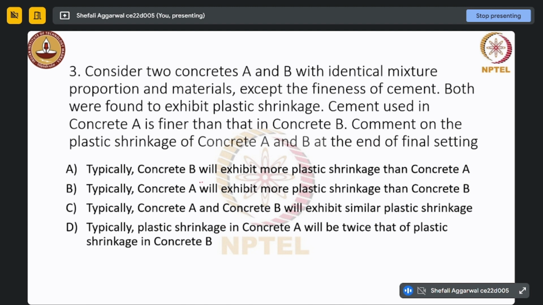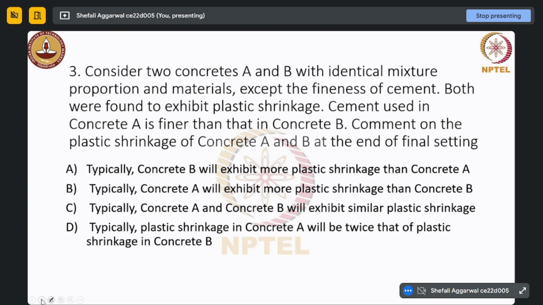So concrete A is finer than concrete B. What do you think, which will have more plastic shrinkage? Concrete A will have more plastic shrinkage, ma'am. Anybody else who wants to give an answer? Sorry, what did you say? You gave this answer only. Yes, ma'am, A will have more plastic shrinkage. Okay. A will have more plastic shrinkage as we can see concrete A is finer.